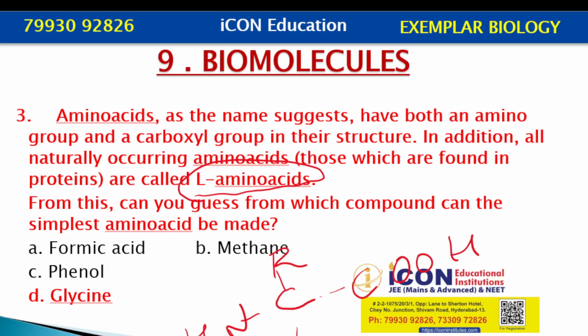The simplest amino acid is glycine. In the structure of glycine, we have one amino group, one carboxylic group, one hydrogen, and the R variable in glycine is hydrogen, H. R is H in case of glycine. Okay, students?